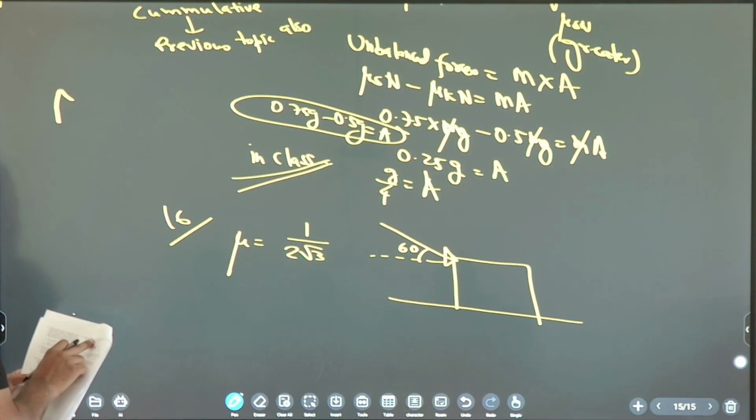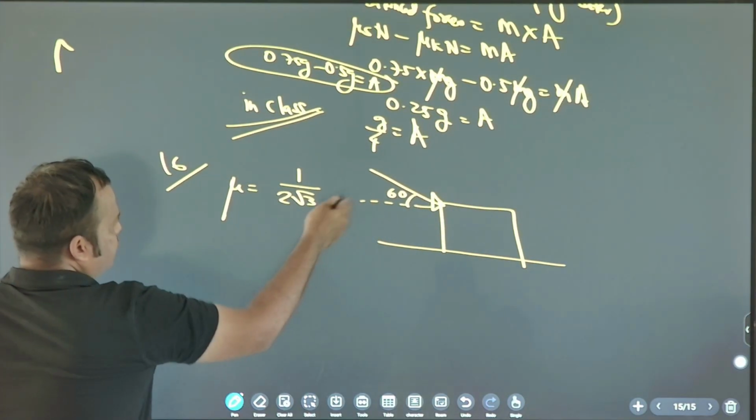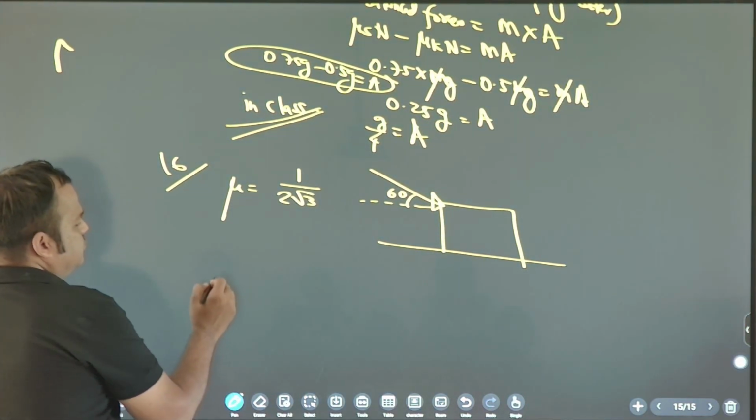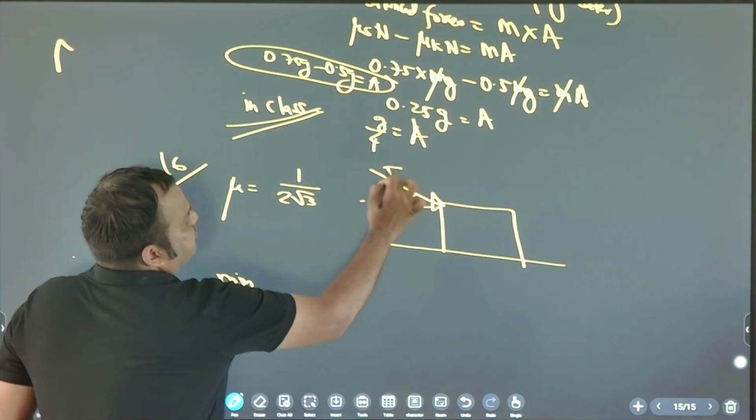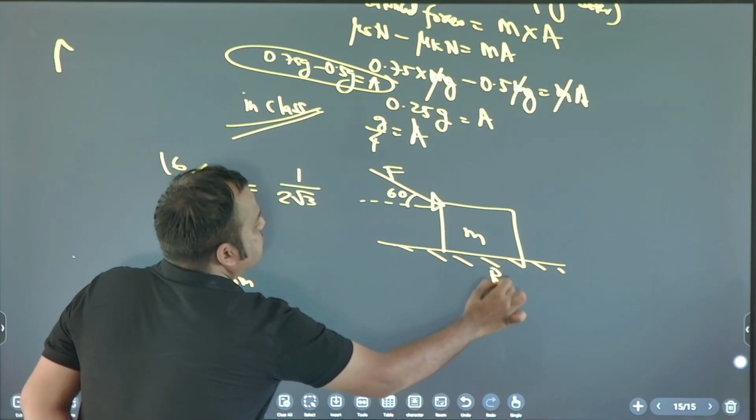What is the maximum value of F such that the block does not move? So that is the minimum value of F to move. Same thing. Suppose this is F, and it is a rough surface.